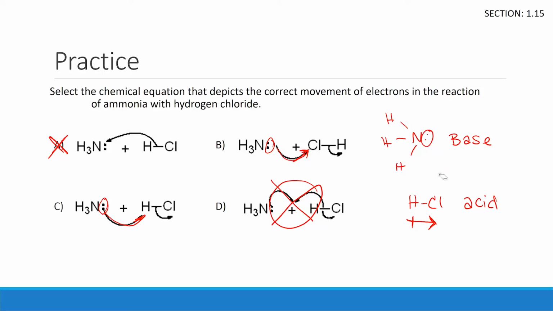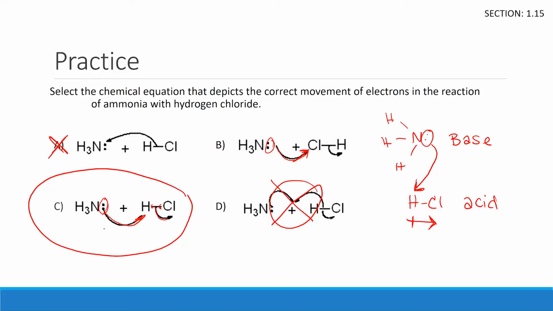So electrons are going to want to move towards the positive part, towards the hydrogen. That means that they're going to pick up the hydrogen, and in doing this, break this bond between the hydrogen and the chlorine. So it is option C that is the correct option, the option that makes sense.